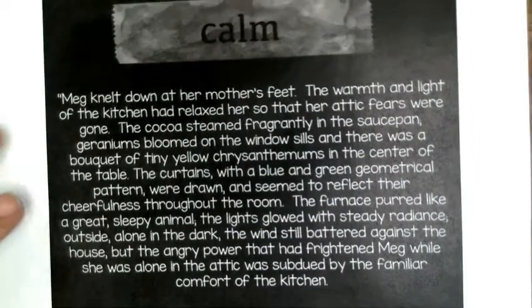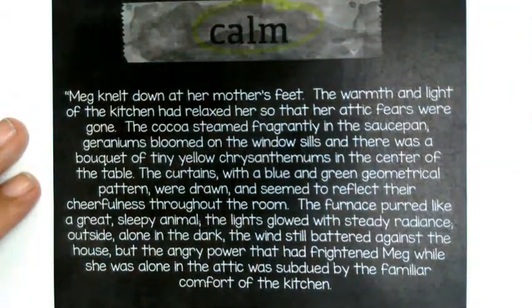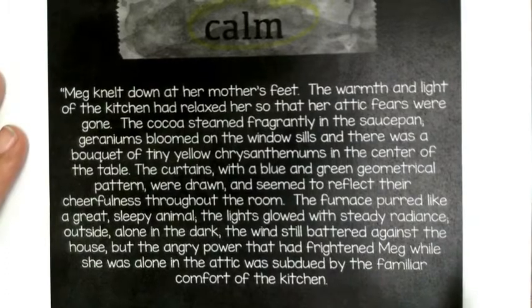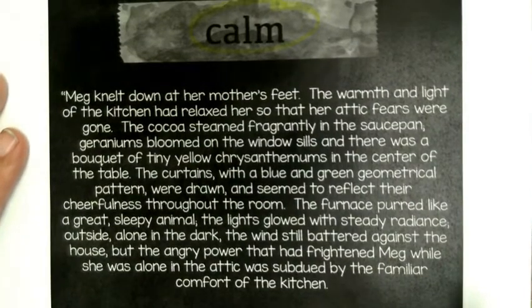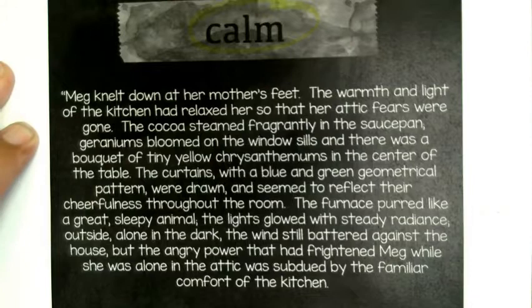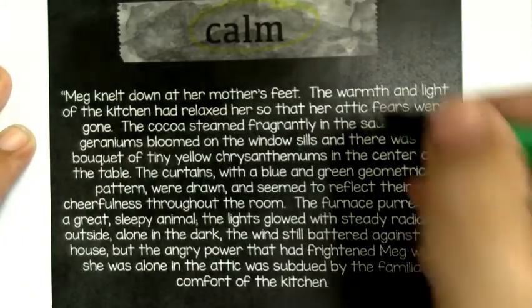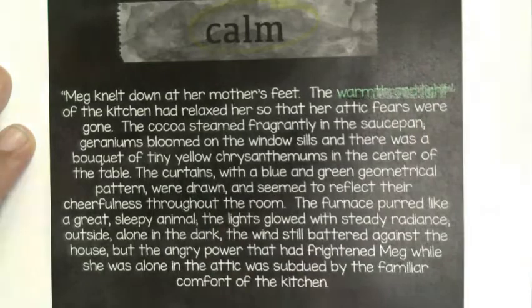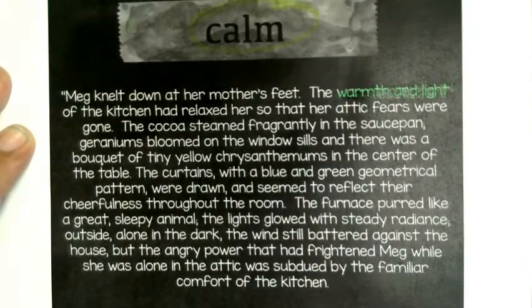Okay, so we're trying to figure out how Madeleine L'Engle uses words to make this idea of calmness. Obviously, something has happened to our character Meg that scared her, and now she is in the kitchen. So what is it about the kitchen that creates this calmness? Some of you may have talked about the warmth and light in the kitchen, and I'm going to get to that here in a second.